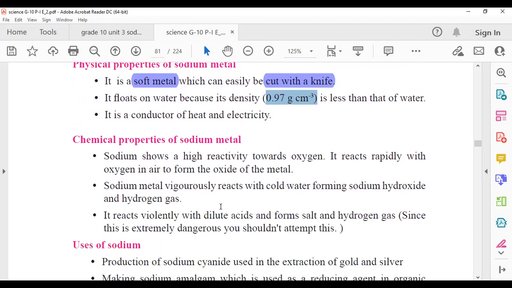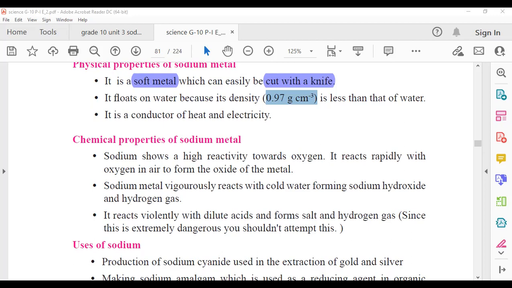When you come to the chemical properties of sodium metal, sodium shows a high reactivity with oxygen. If you allow it to contact air, it will quickly react with oxygen and form sodium oxide. When you put sodium in water, it will float on the water and react.